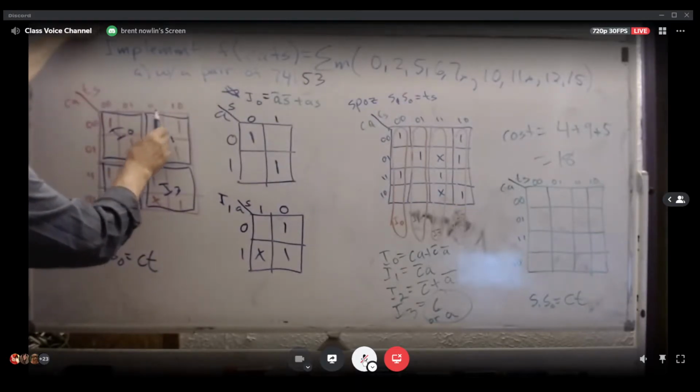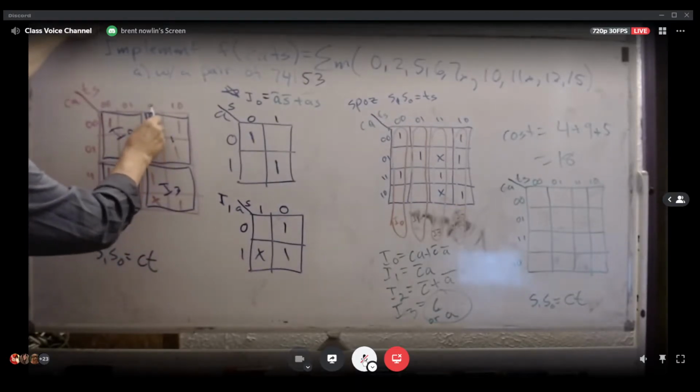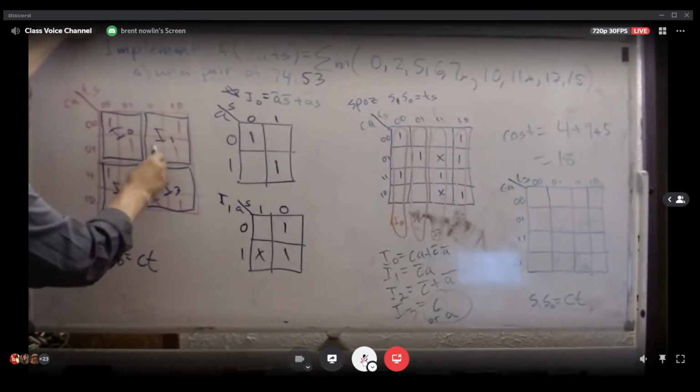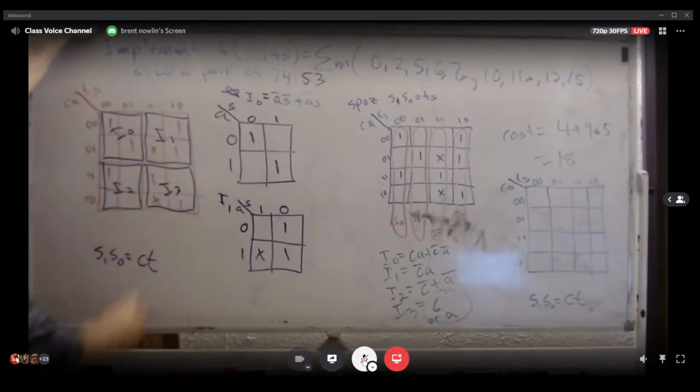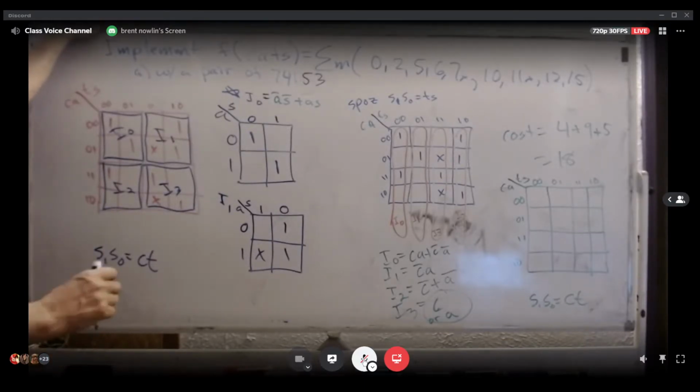Do you see that S is a 1 in the leftmost column and a 0 in the rightmost column? You have to pay attention to that. The same should go for I3, when we get there. You just have to notice that.